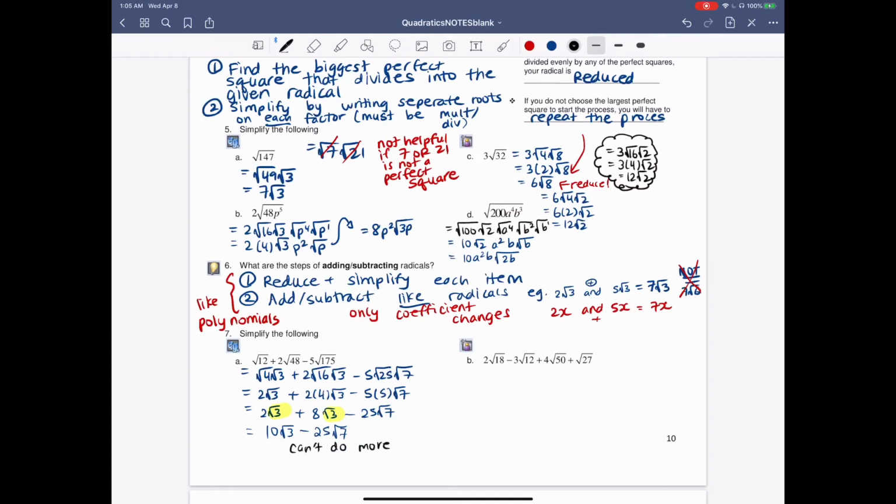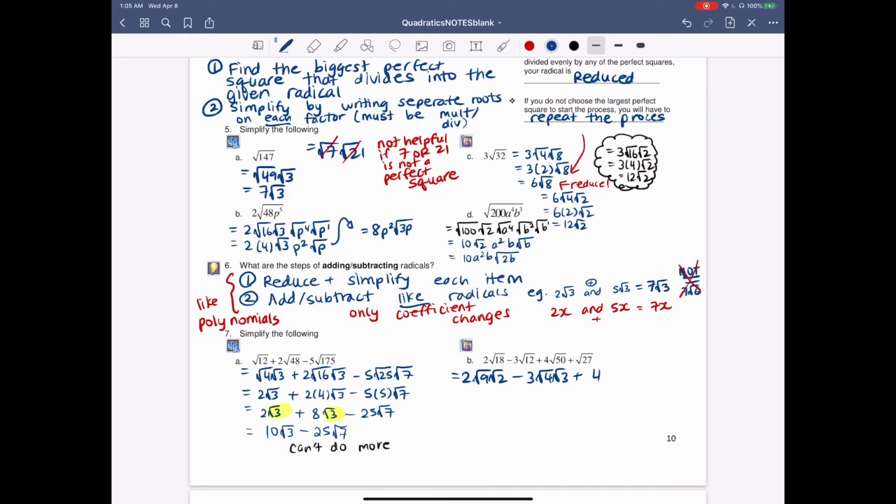Next, part B. Do the same thing. 2 square root of 18 can be broken down to 9 and 2. Square root of 12 can be broken down to 4 and 3. Keep the 4.